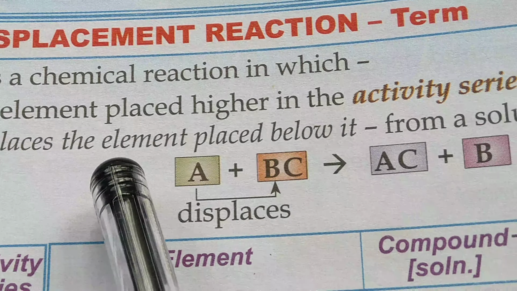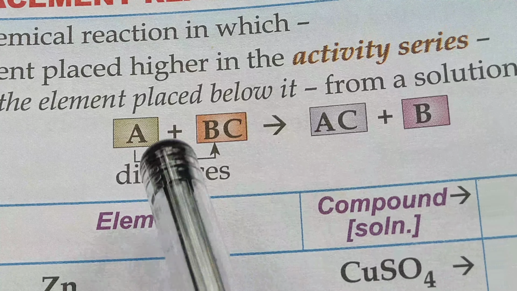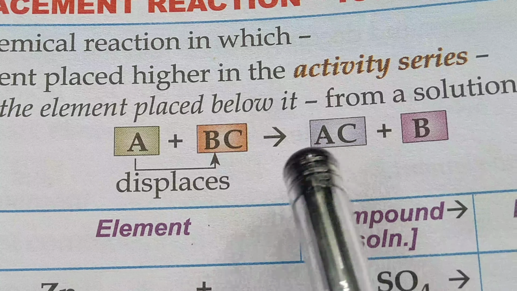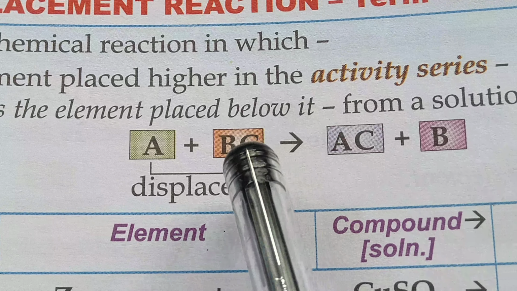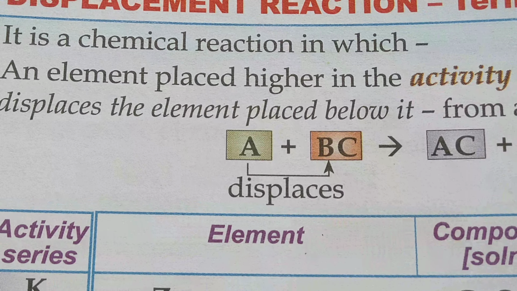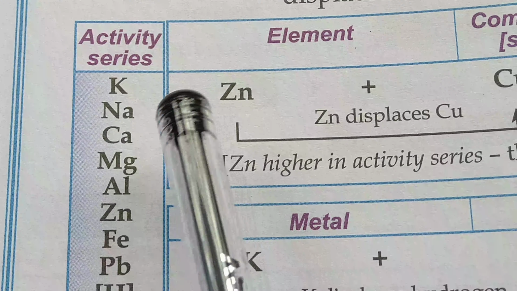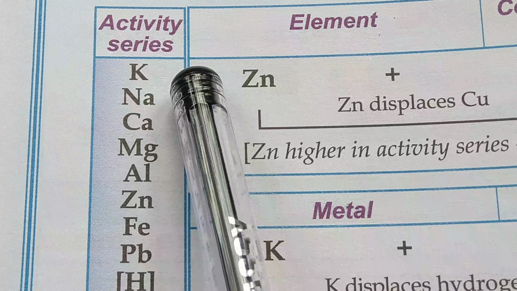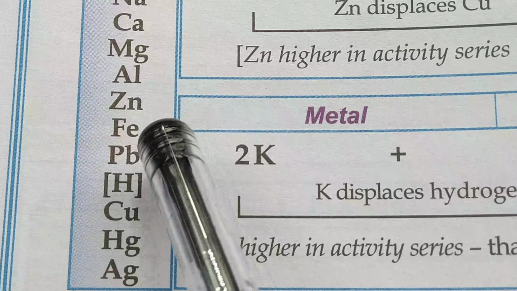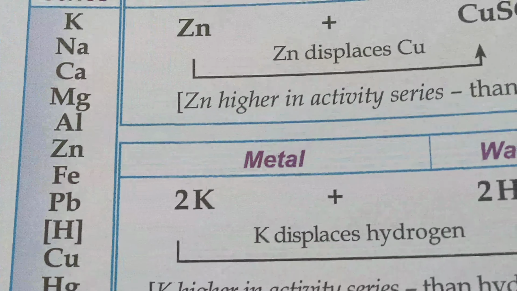Basically the element placed below it forms a solution of its compound. Look at it: A plus BC, the reactants change their places, AC plus B. Look at the activity series. Who is at the top? Highly active potassium, after it sodium, then calcium, magnesium, aluminium, zinc, iron, lead, hydrogen, copper, mercury and silver.